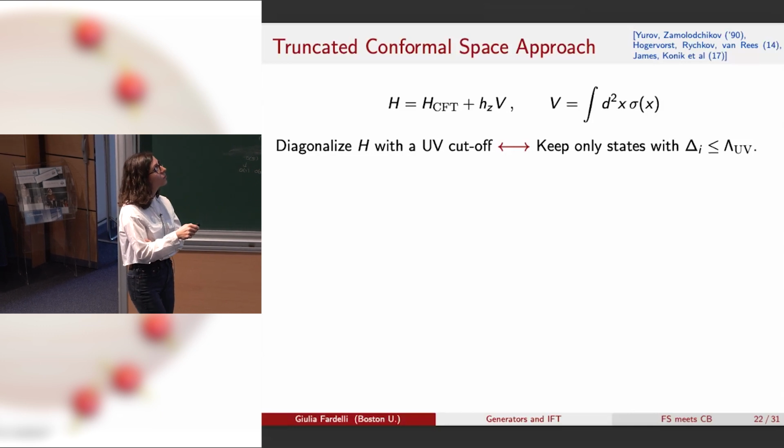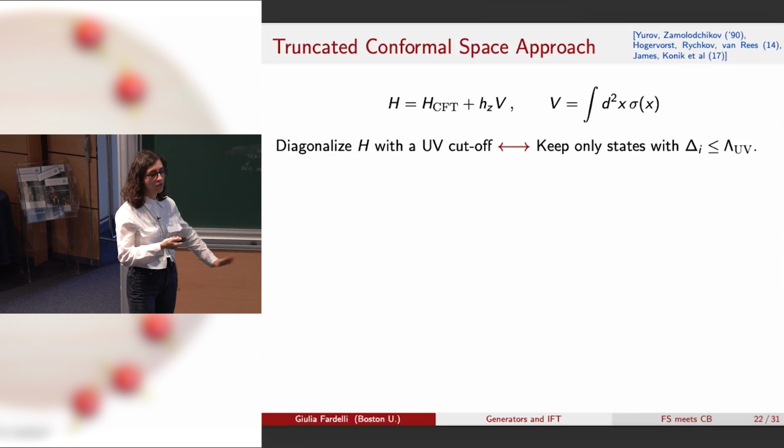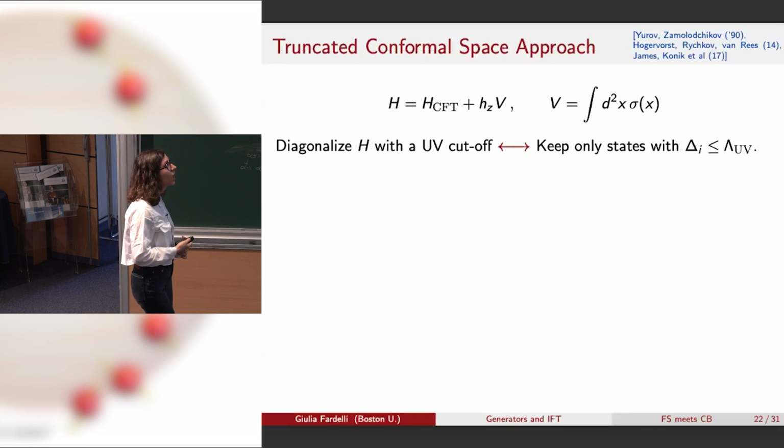In principle, you should diagonalize this Hamiltonian, which is infinite dimensional. But you can put a UV cutoff, namely that in this H_CFT you don't include every CFT operator, but just a subset of states with a dimension less than or equal to lambda UV.